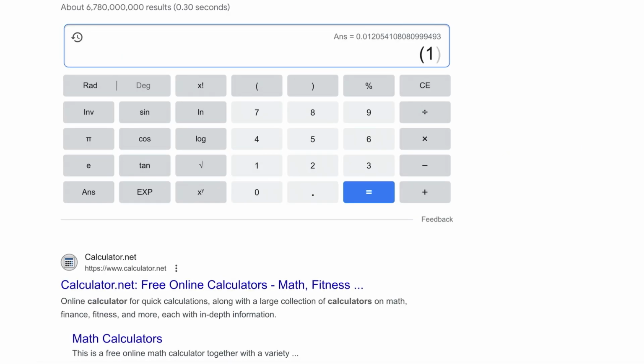Parenthesis 1 plus 0.011 divided by 12, close parentheses, raised to the 12 minus 1 equals. If your calculator does not allow you to put it all in at once, you can also break it up. So start off with 0.011 divided by 12.